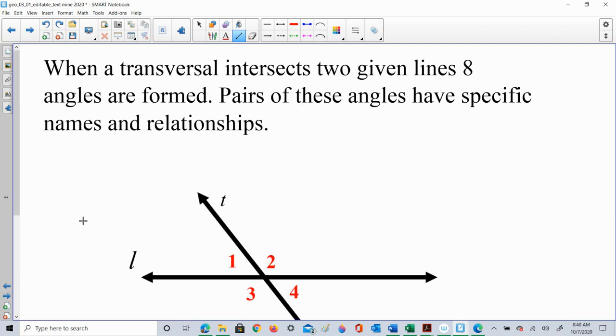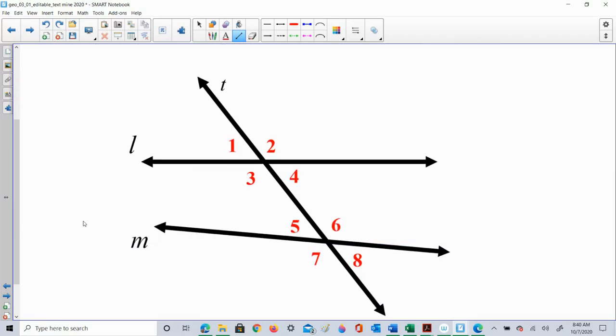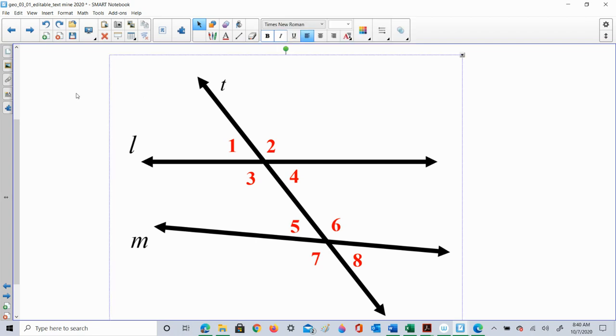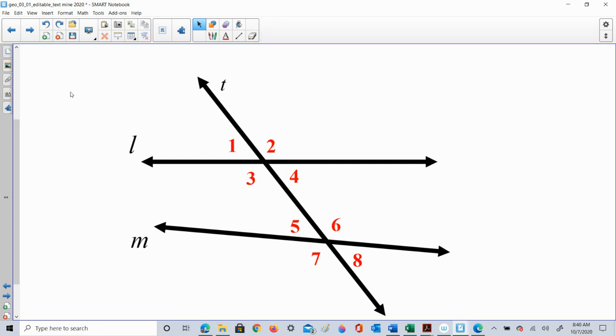When a transversal intersects two given lines, 8 different angles are formed. Pairs of these angles have specific names and relationships. Here we have the same diagram as before. Line L and M intersected by transversal T. Notice how many angles are formed here.